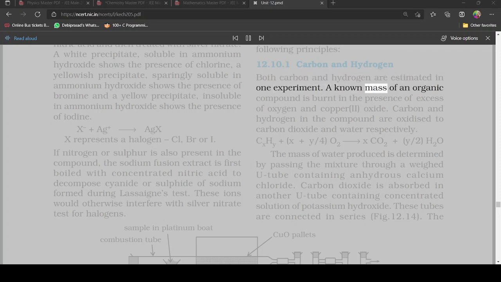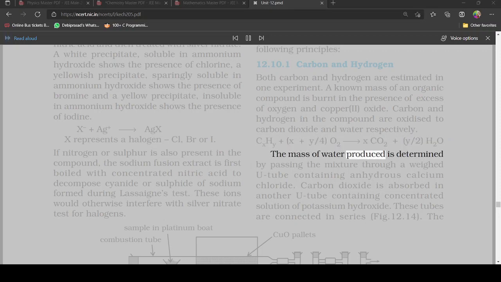A known mass of an organic compound is burnt in the presence of excess of oxygen and copper(II) oxide. Carbon and hydrogen in the compound are oxidized to carbon dioxide and water respectively. CxHy + (x + y/4)O2 → xCO2 + (y/2)H2O.